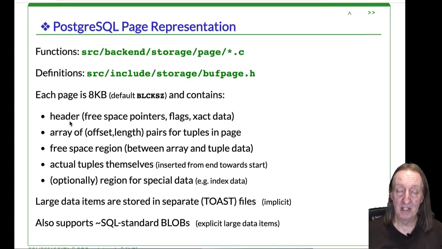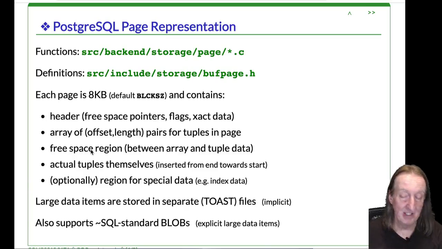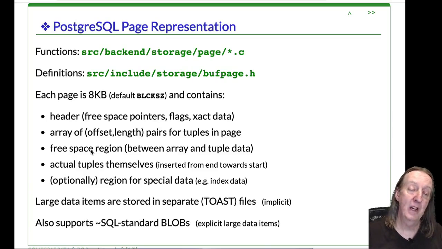And what is stored in that 8K bytes? Header information, the directory to the tuples, a free space region, and the actual tuples themselves, inserted from the top down. So Postgres largely uses compacted free space, although it's not essential.